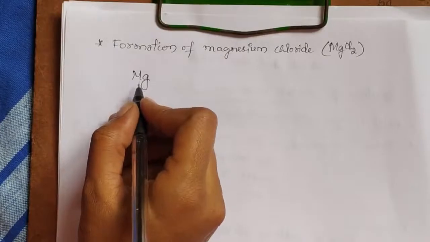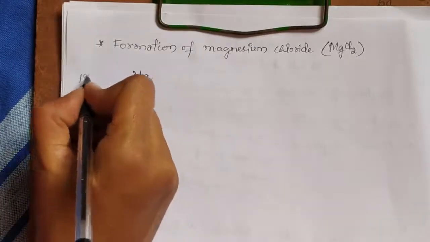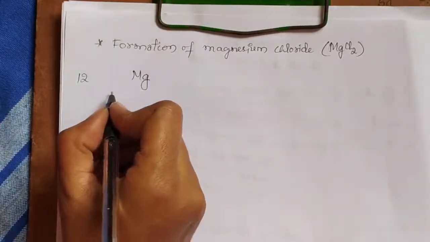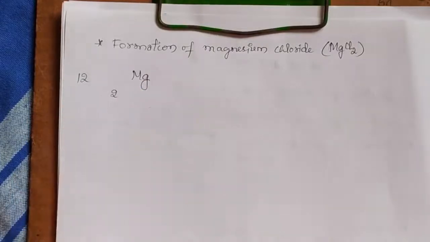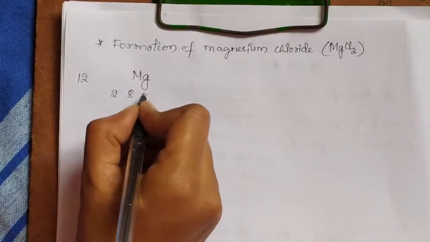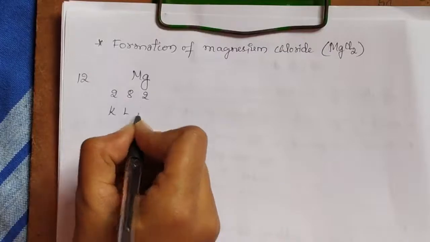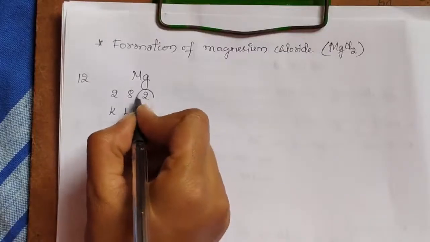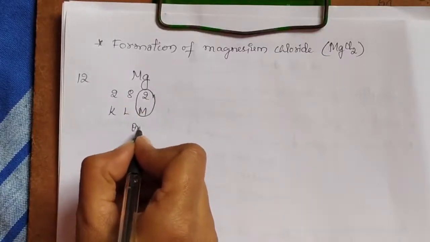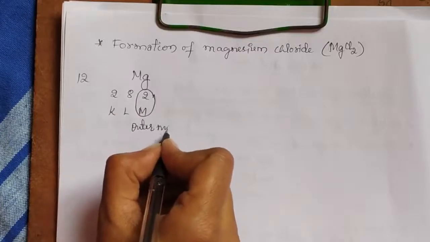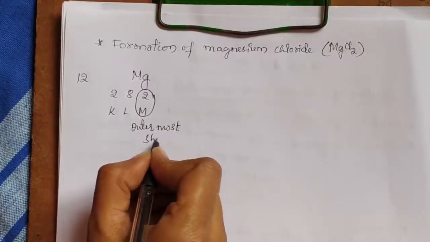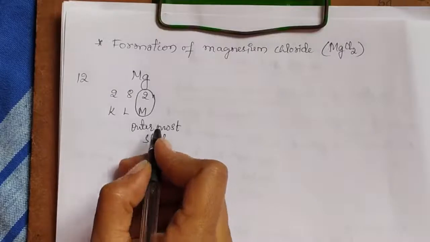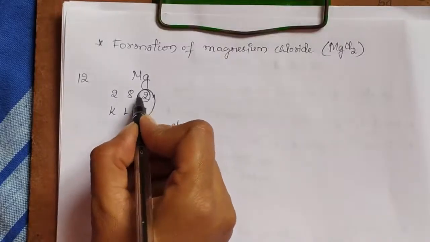Magnesium is a metal. Okay, its atomic number is 12 and its electrons are distributed like this: 2, 8, 2. K shell, L shell, M shell. Okay, and M shell is the outermost shell, and in the outermost shell magnesium has 2 electrons.